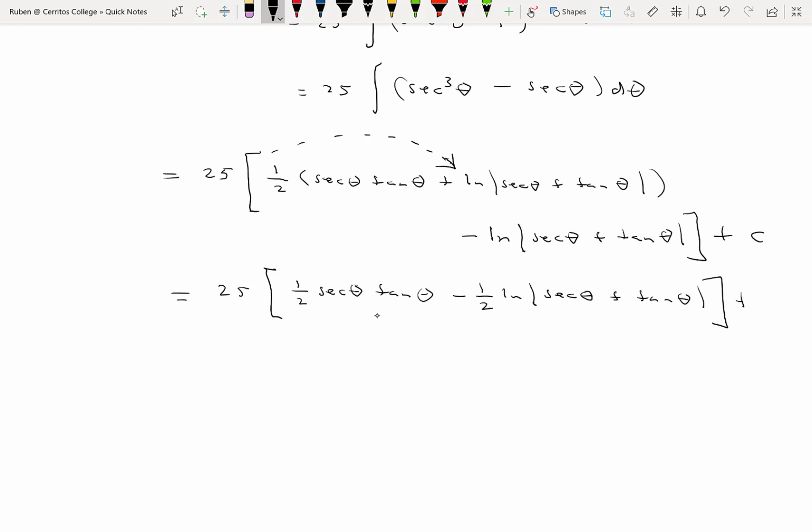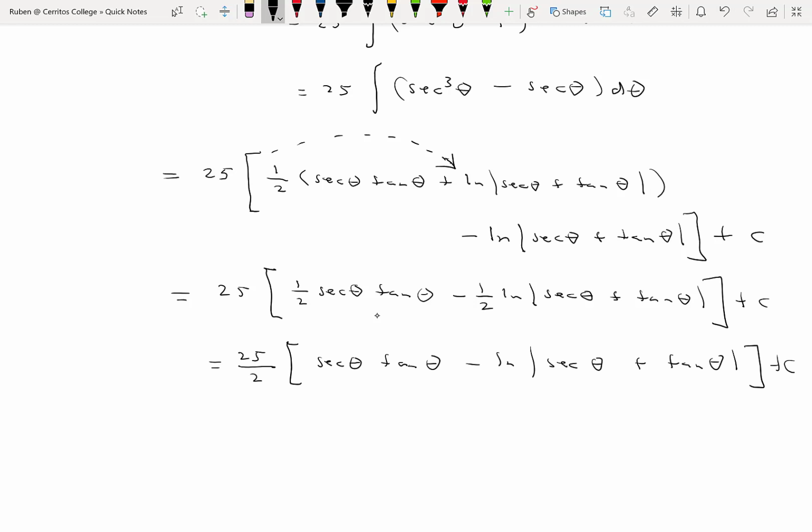Okay, all of that plus a constant. Now what I think I'll do is I'll factor out the 1/2, because we have a little bit of work to do here. Factor the 1/2 out from the whole inside of the brackets: secant theta plus tangent theta to finish out the stuff inside the brackets.